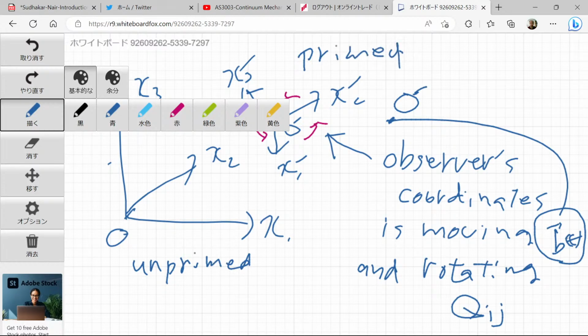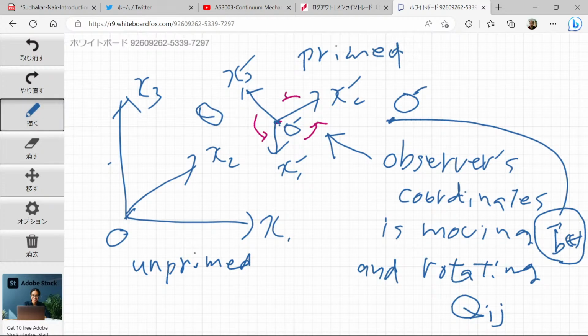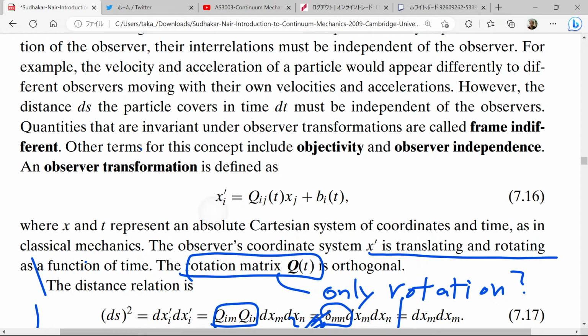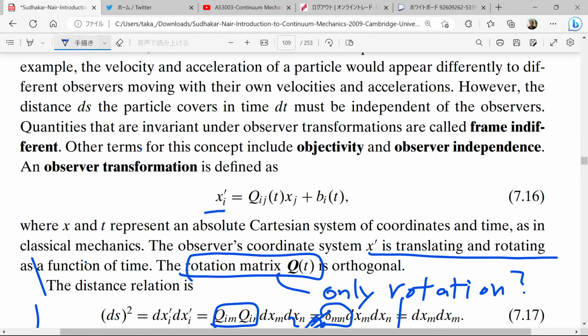We have unprimed coordinate and primed coordinate, and the primed coordinate is moving and rotating relative to the unprimed coordinate. Then we are looking at the same object. This is the object we are looking at. So the primed coordinate is related to the unprimed coordinate by this equation.